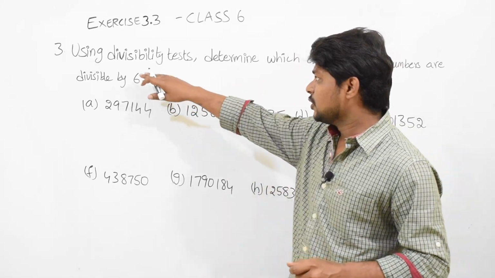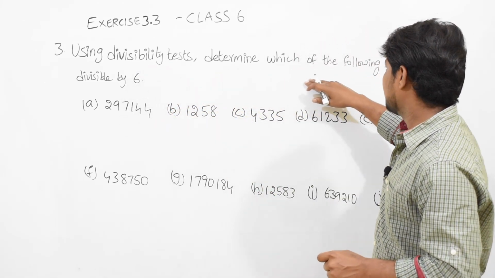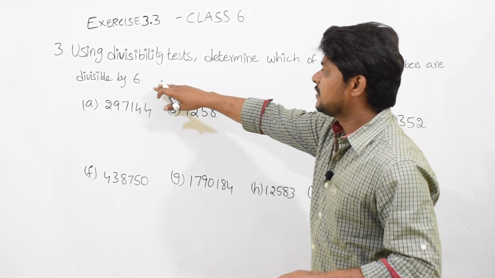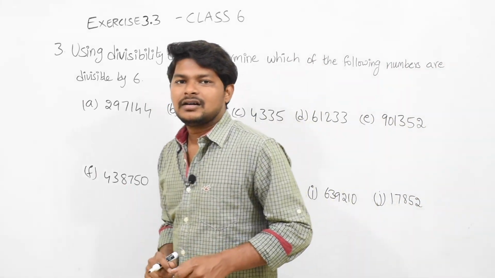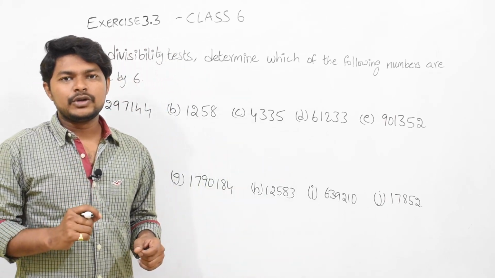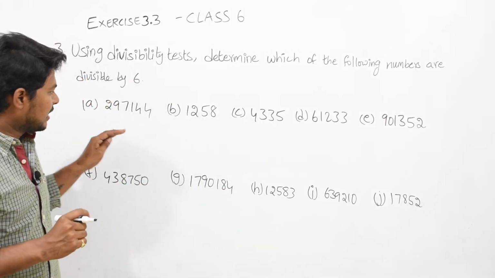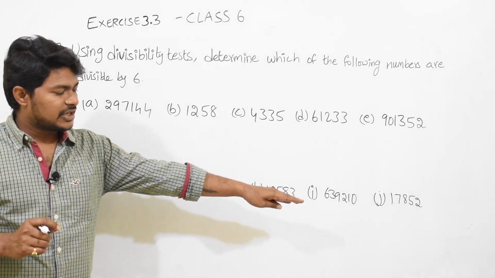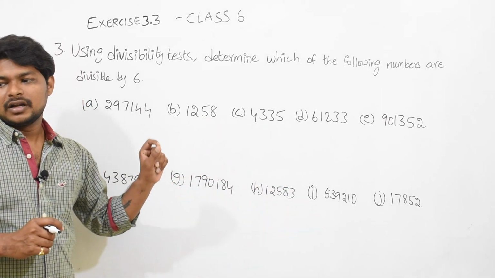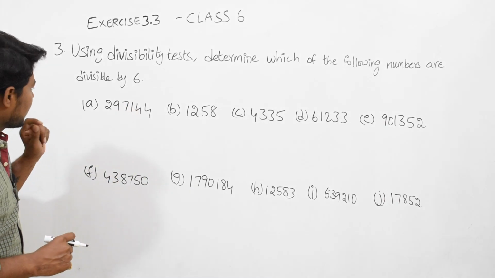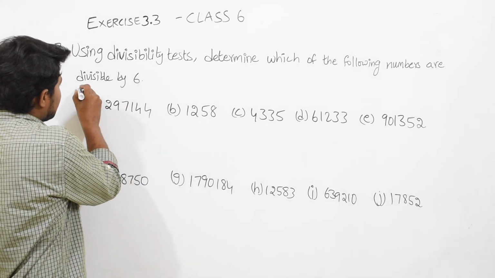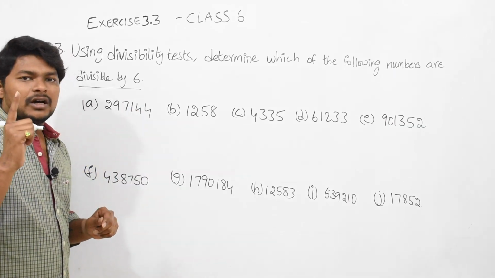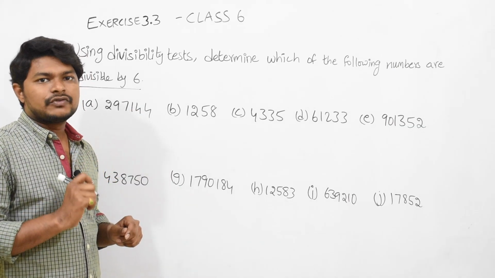Using divisibility test, determine which of the following numbers are divisible by 6. They are asking, we need to use divisibility test, and among these numbers A, B, C, D, E, F, G, H, I, J, which are divisible by 6. Now, for divisible by 6, there are two conditions which we need to check.